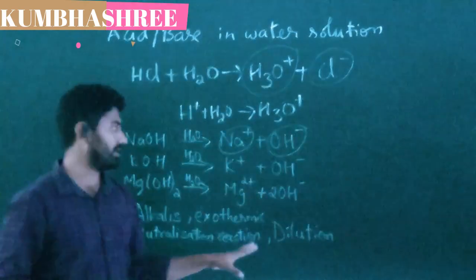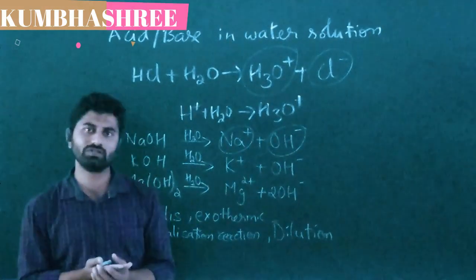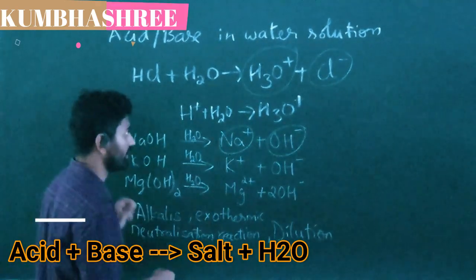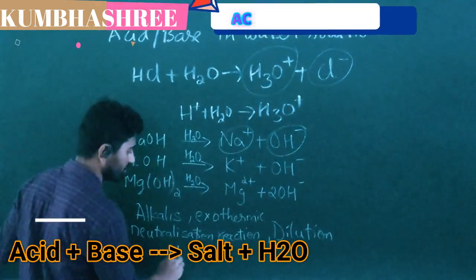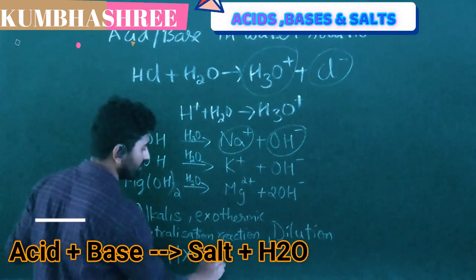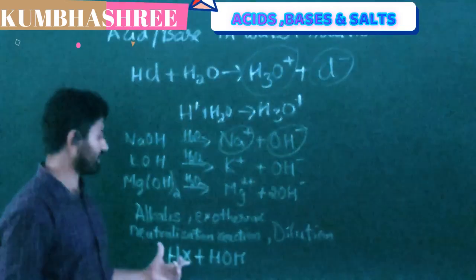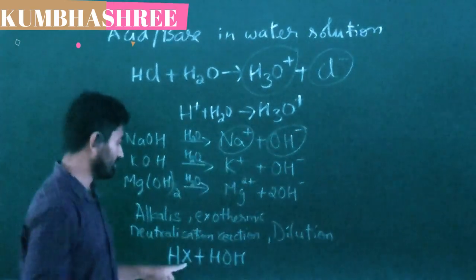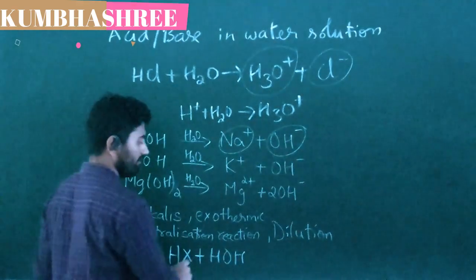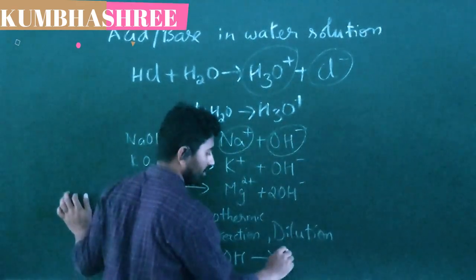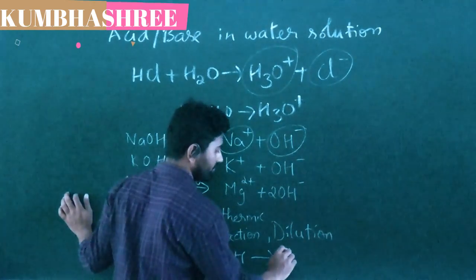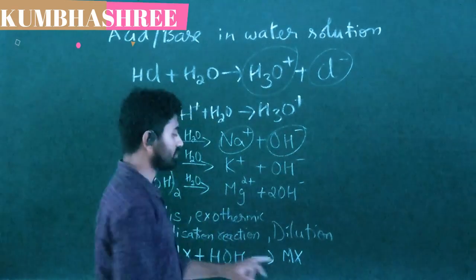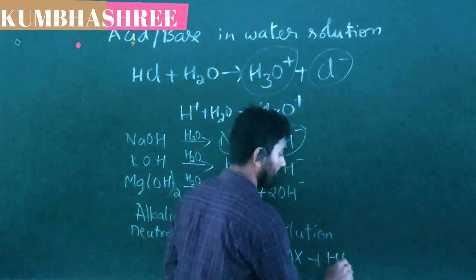And neutralization reaction. Neutralization reaction means when an acid and a base react with each other, you will get salt and water. I can give an example: HX plus HOH. This is an acid, this is a base. When acid and base react with each other, you will get salt and water.